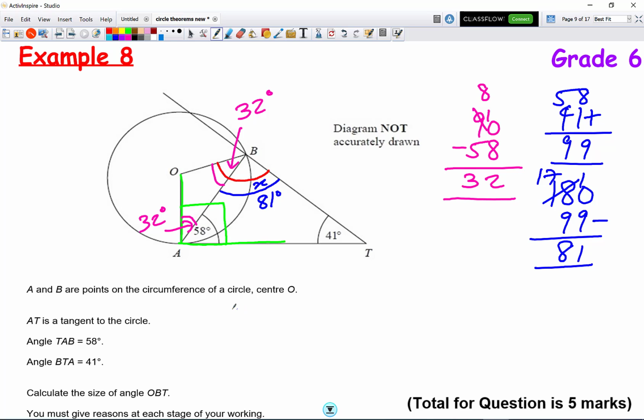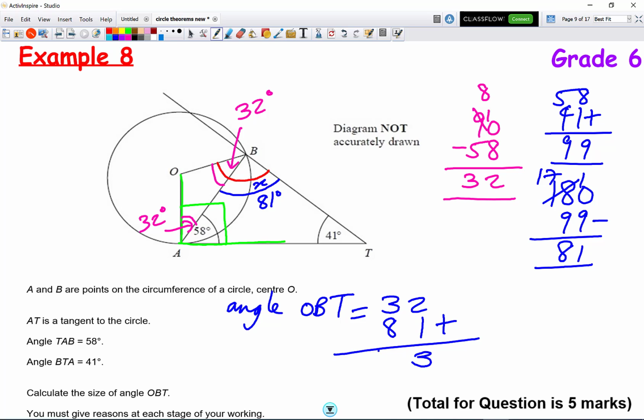So it's going to be angle OBT equals 32 plus 81, and that's going to give me 3, and that's going to give me 11, so I get 113 degrees is the answer for that question.